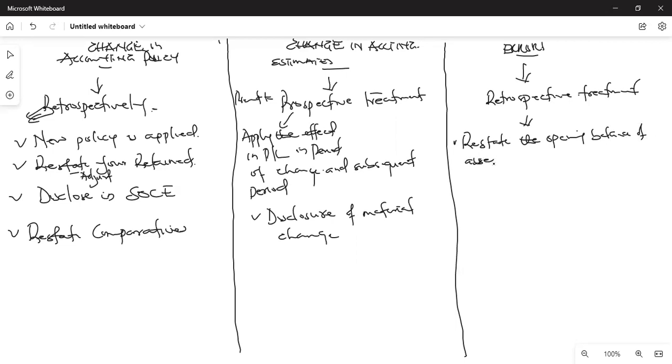If it's a liability, you do it. If equity, you do it. You do that as if the error never occurred.